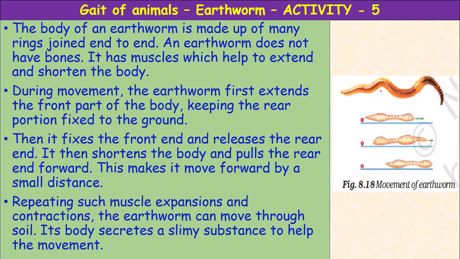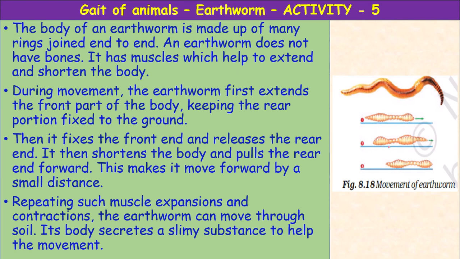What it will do? This is the earthworm. So how it will move? During movement, the earthworm first extends the front portion and it sticks the rear portion to the ground. Then it releases. Then it shortens the body and pulls the rear end forward.